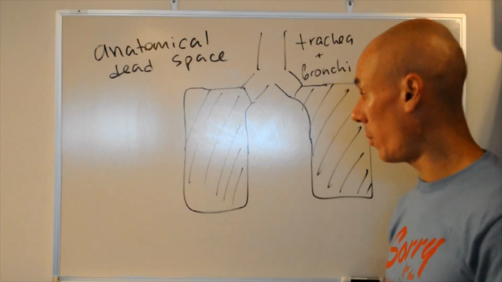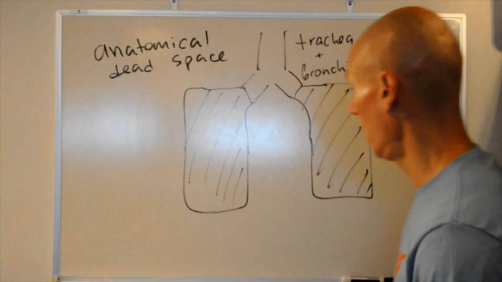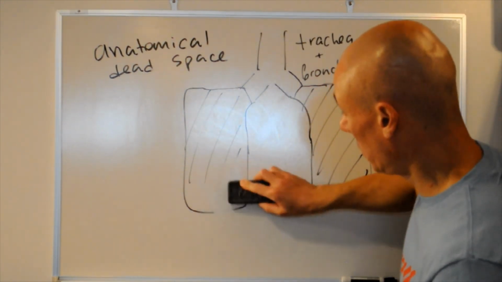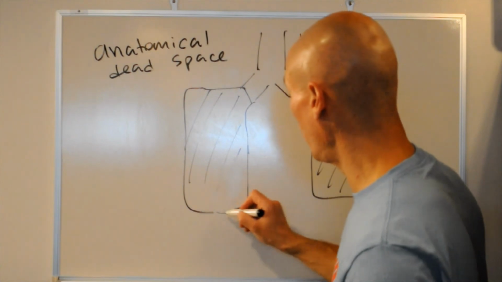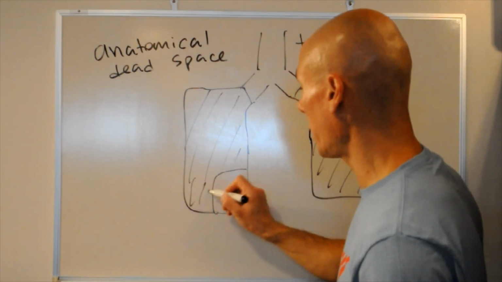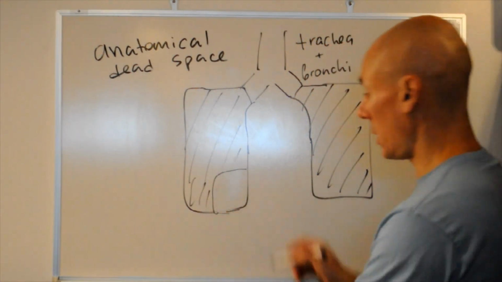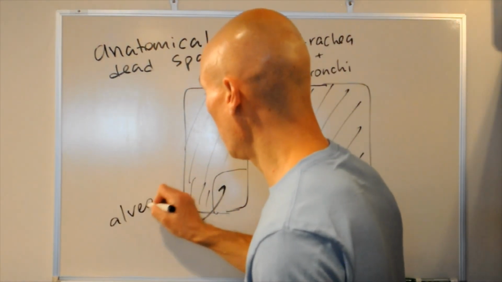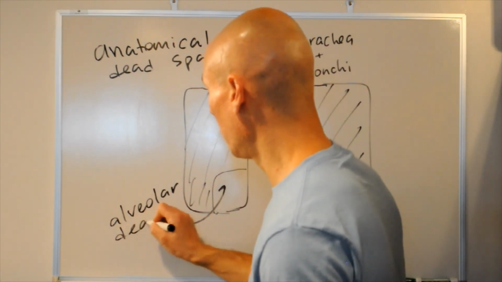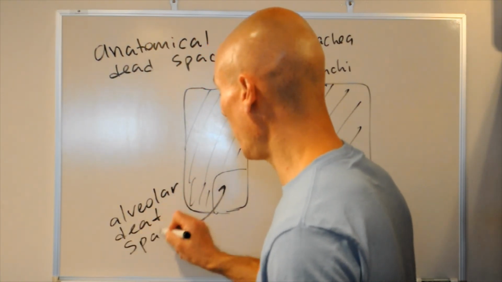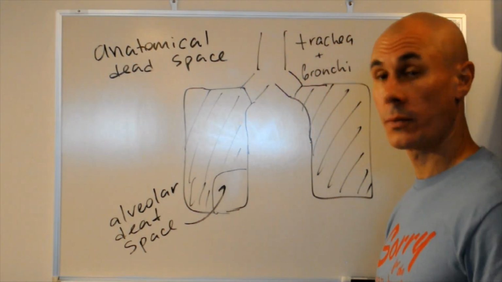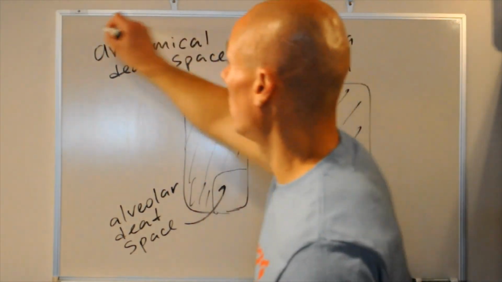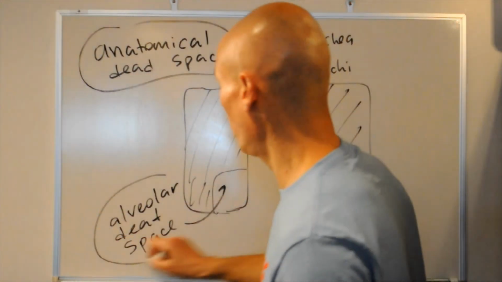The volume of air that fills the trachea and the bronchi is permanent, right? But what also can happen, some of your alveoli can get damaged and can become dysfunctional. So in this case, let's say this part of the lung isn't functional. The rest is fine, but this is not. So this will be alveolar dead space. So the total dead space is this plus this.